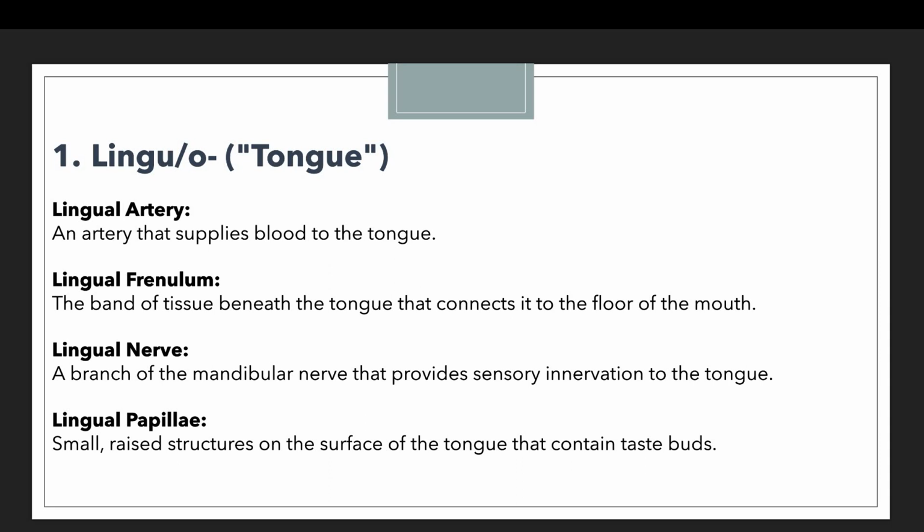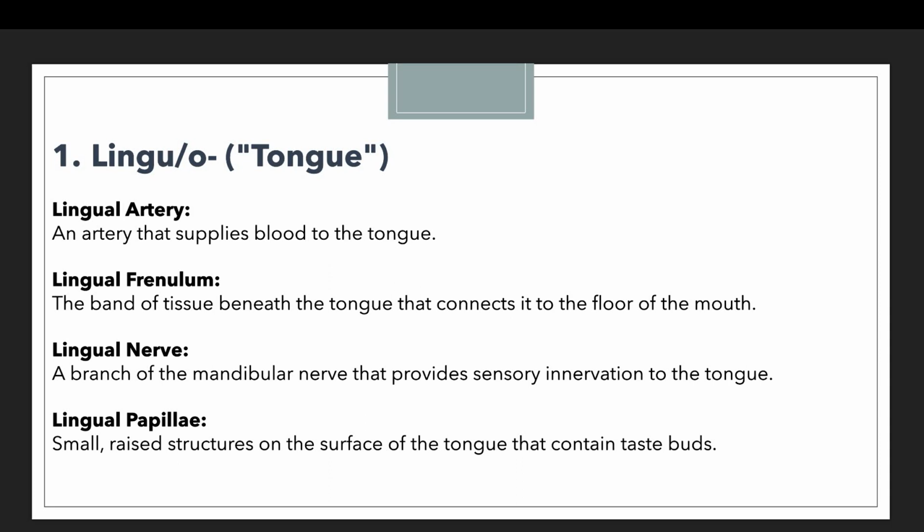That particular area is known as the lingual frenulum. So if someone asks you what lingual frenulum is, you can say it is a medical terminology that shows the band of tissue beneath or below the tongue that connects it to the floor of the mouth.